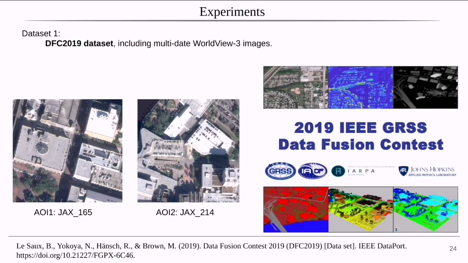Now, let's move on to the experiments. We tested our method on two sets of datasets. The first one is the DFC 2019 dataset. It includes multi-date WorldView-3 images. We choose 2 or 3 images taken at the same time for 2 areas of interest.